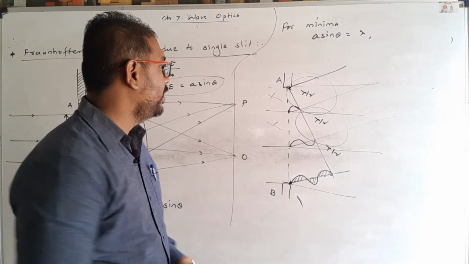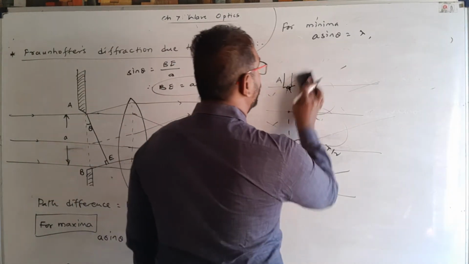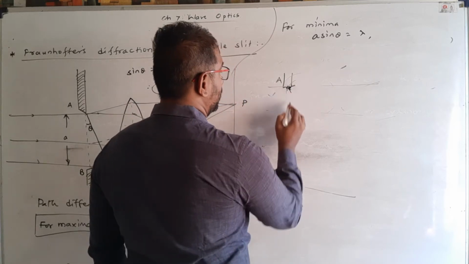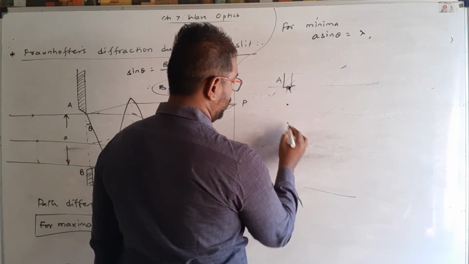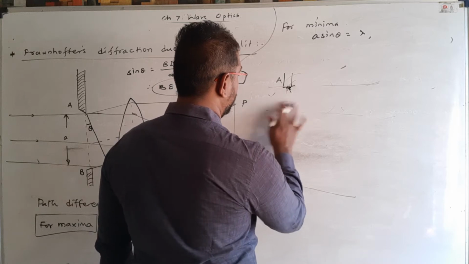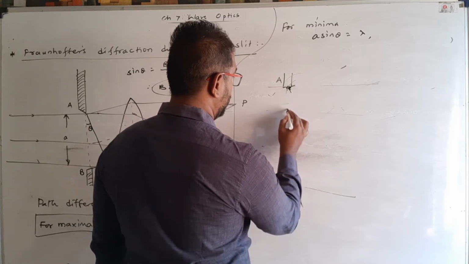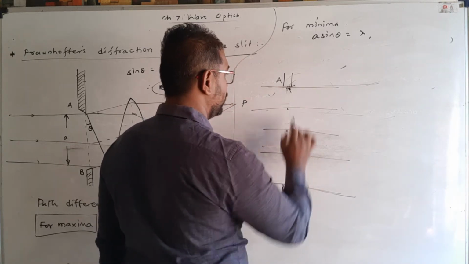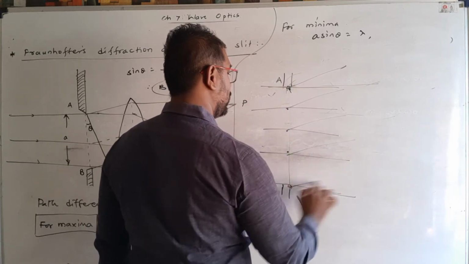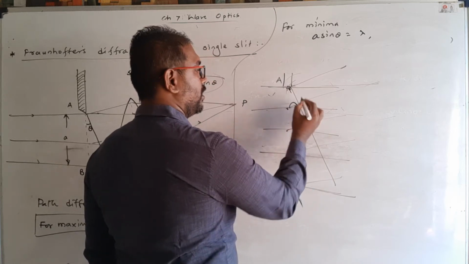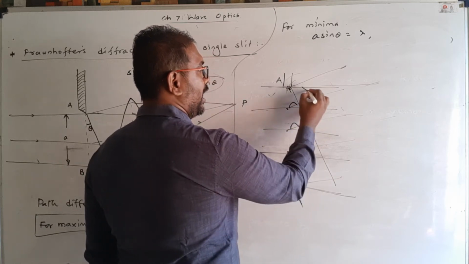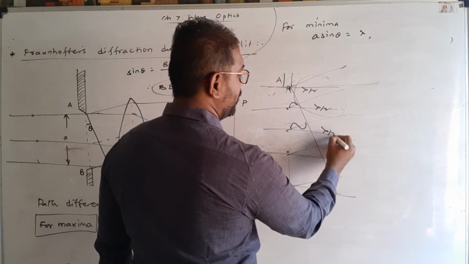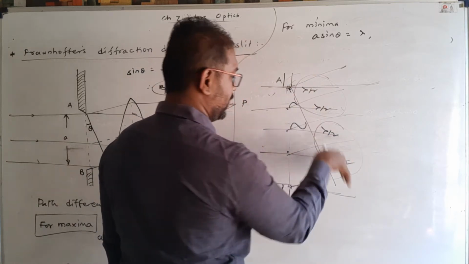Now next time when we divide the slit into 4 equal parts, so here 1, 2, 3 and 4. This lambda by 2 and this lambda by 2 light get cancelled. Again this lambda by 2 and this lambda by 2 light get cancelled.